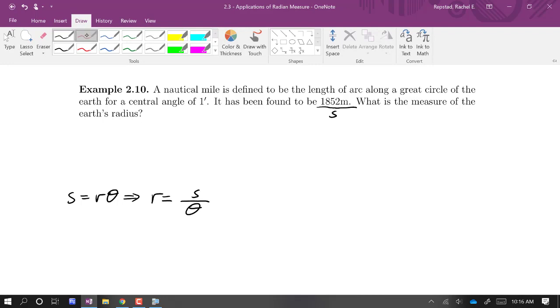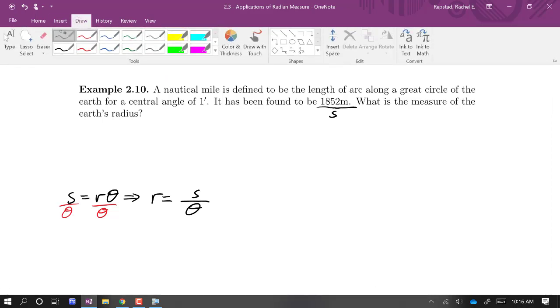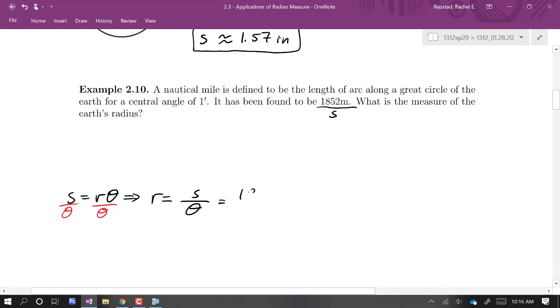Let's write a little bit of algebra here. I know it's earlier than we're used to doing math, but we can do it. So I know what S is. This is going to be 1,852 meters over something, over the angle.